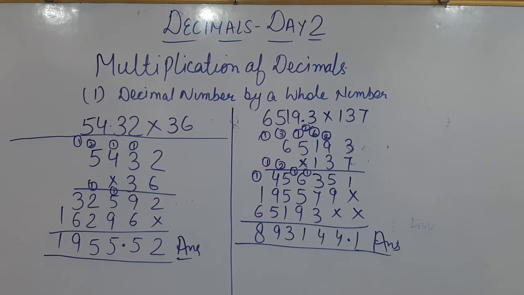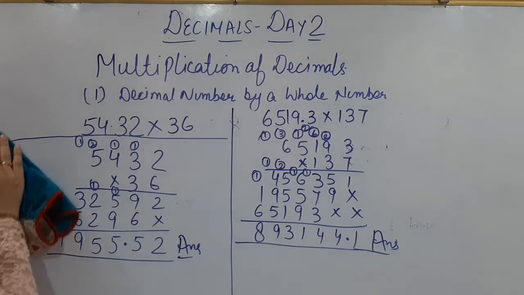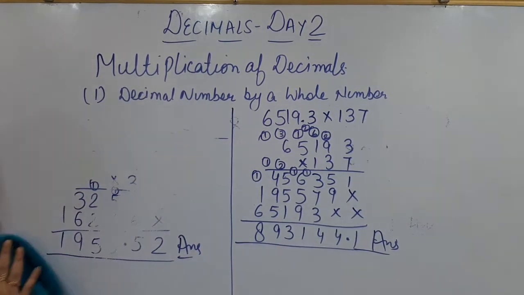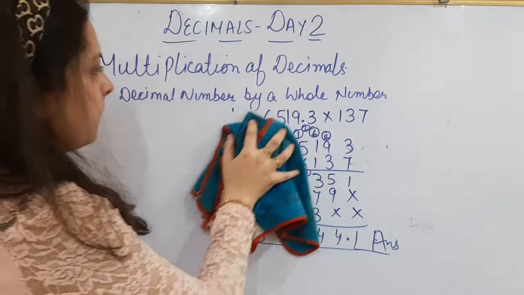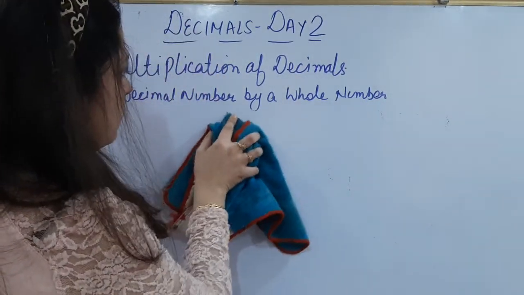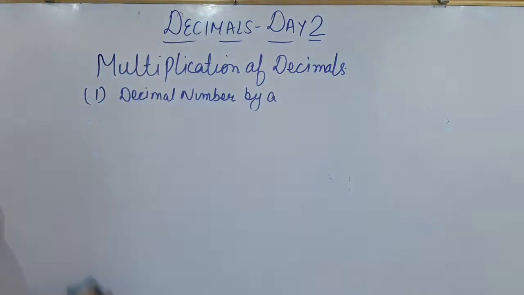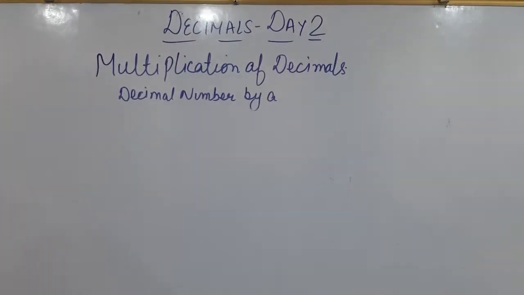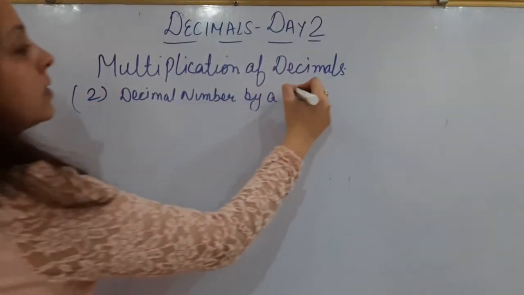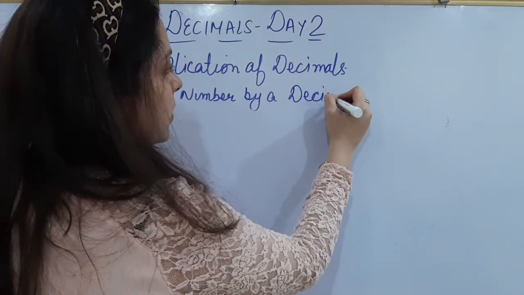Let's move to the next topic, which is multiplication of a decimal number by a decimal number. So, the second topic in multiplication is multiplication of a decimal number by a decimal number.